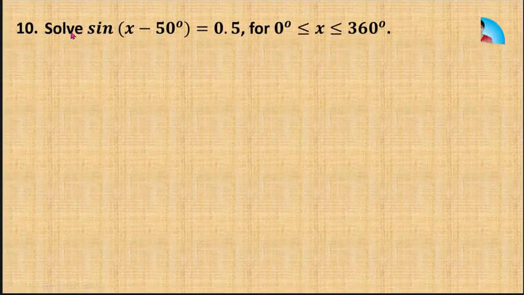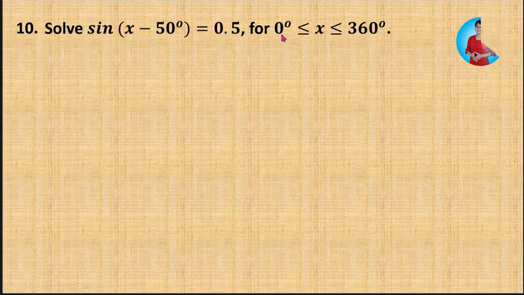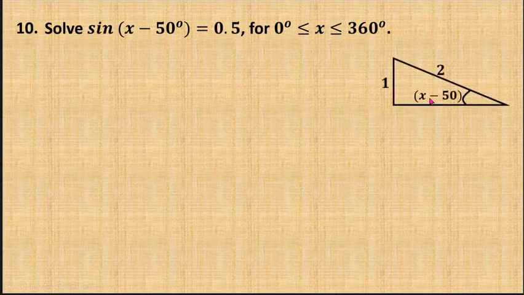Next example. Solve the equation sine of x minus 50 equals 0.5, where x is from 0 to 360. For this equation, the angle is x minus 50. But the range given in the question is the range of x. They are different. So I must determine the range of the angle according to the range of x given.